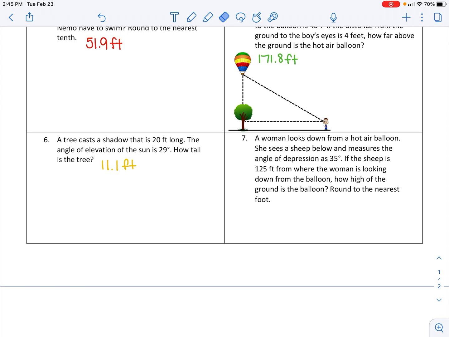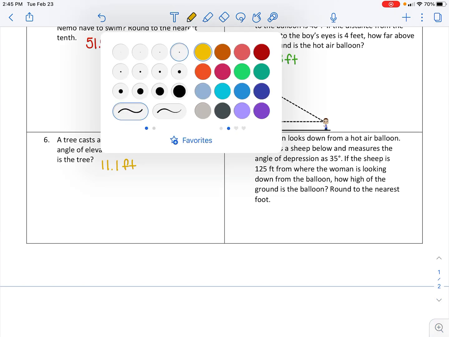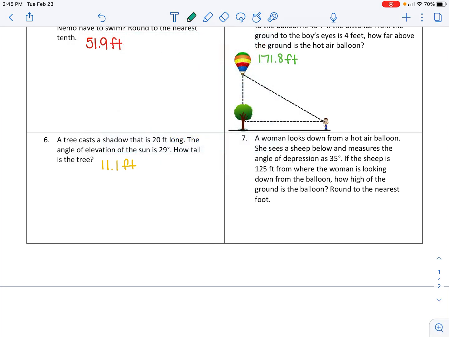So for number 7, it says a woman is basically in a hot air balloon and looks down from the hot air balloon. So let's go ahead and draw how they have a little basket on them. I know that's a really bad hot air balloon, but let's just go with it. Okay, and she looks down from that hot air balloon and she sees a sheep.